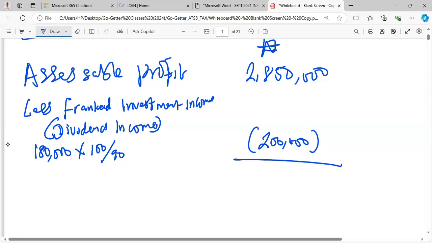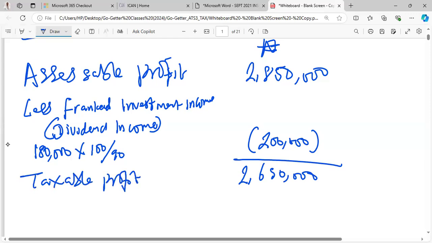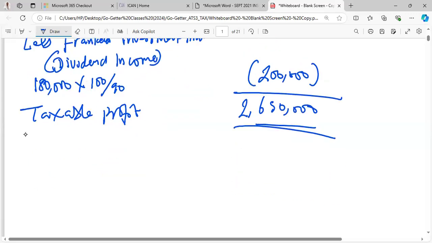So we are now left with 2,650,000. So this is going to be our taxable profit. So we need to look for the income tax. Company income tax at 30% of 2,650,000.